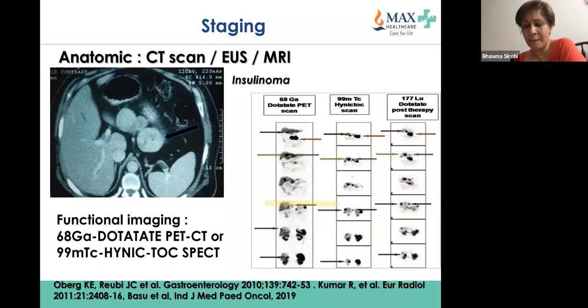If you do not have a PET scan department, then you may have a gamma camera where you will be able to do a HYNIC-TOC scan, because what that will show you is whether the patient has a somatostatin receptor expressing tumor. Even though the Ki-67 may be low, the patient may be somatostatin receptor negative, and it is very important for us to know right at baseline whether that is the case.